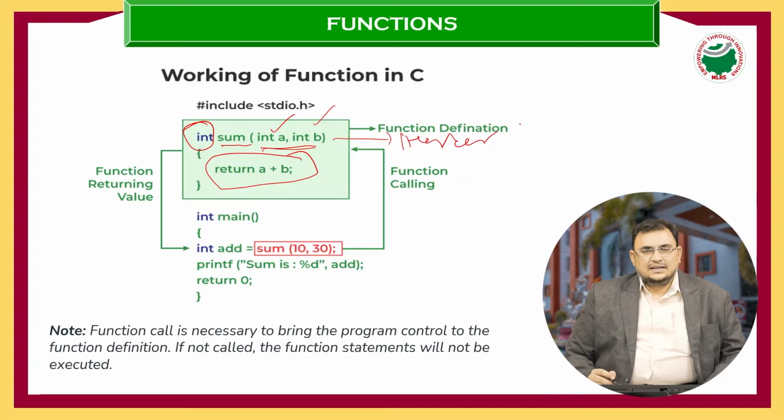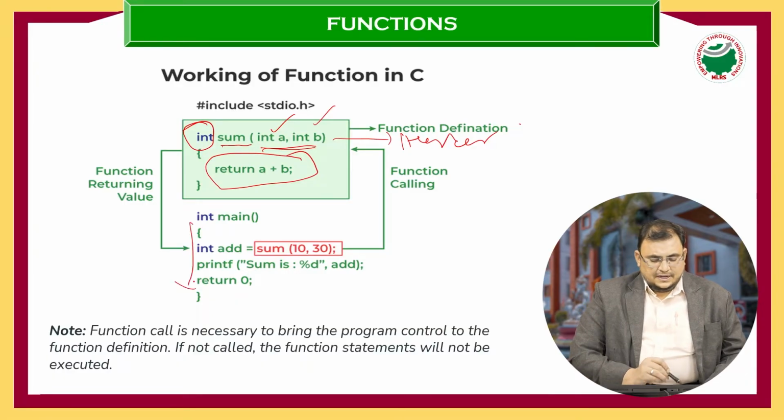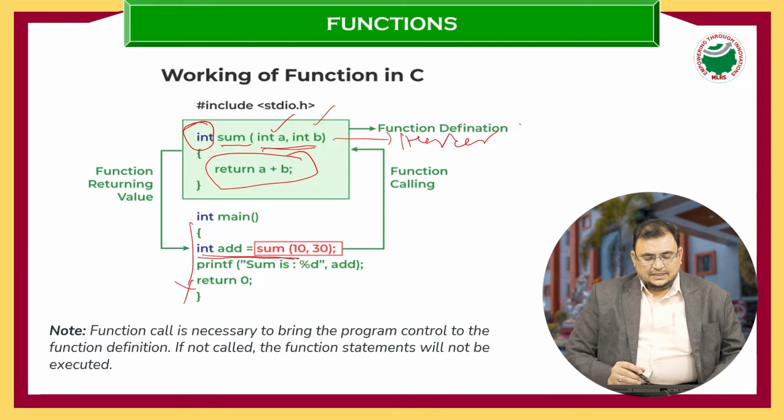Return is a statement which returns a value to the calling function. Even though you define the function, if you are not calling it inside main, it will not execute. Every C program starts execution with main and ends with main. So here, the first statement is int add = sum(10, 30). You are calling a function, and control goes here.